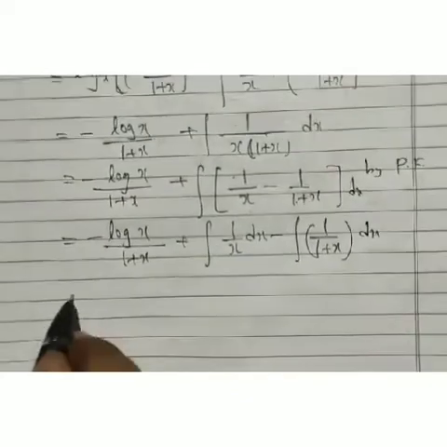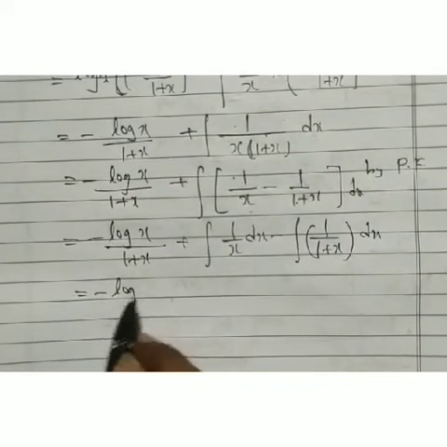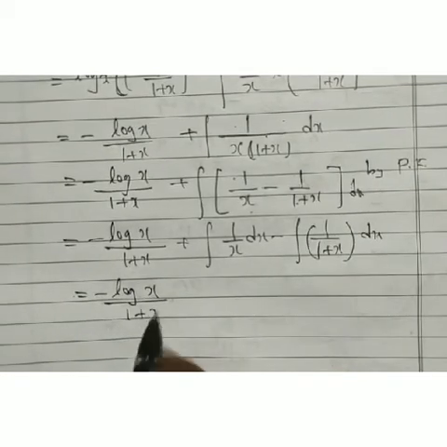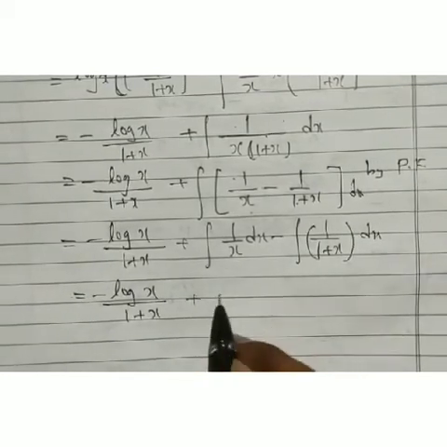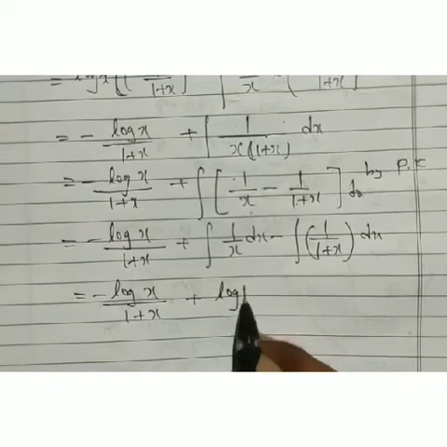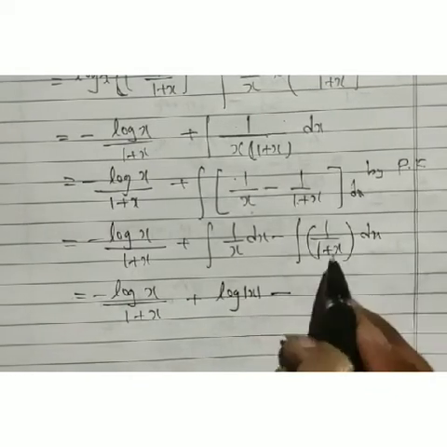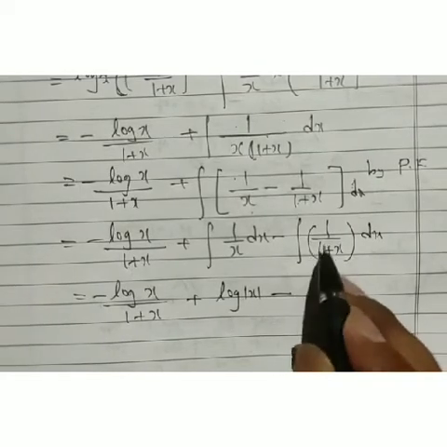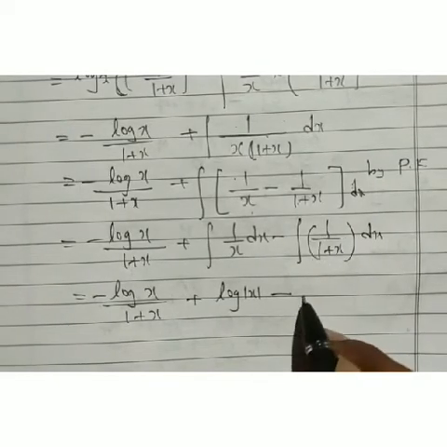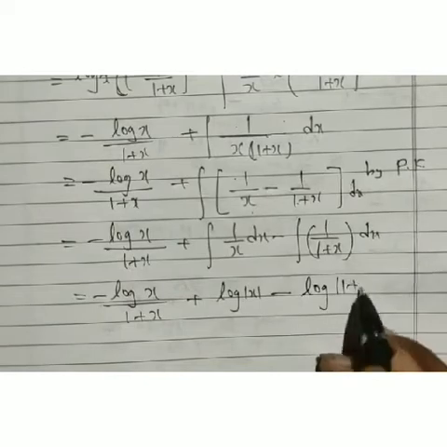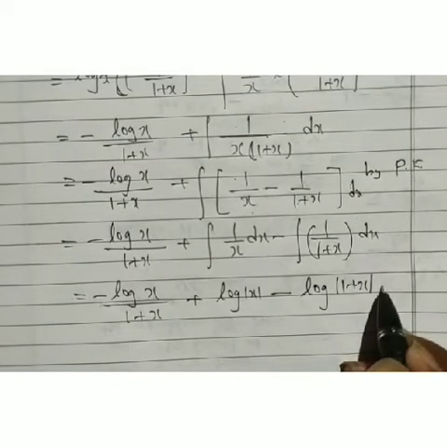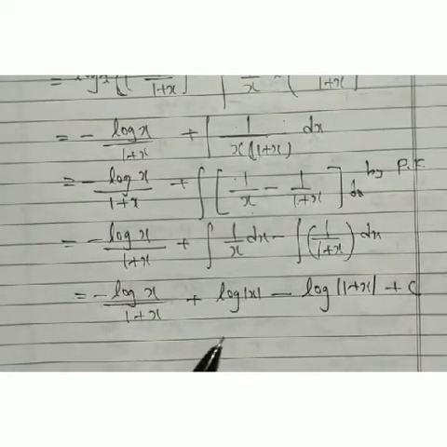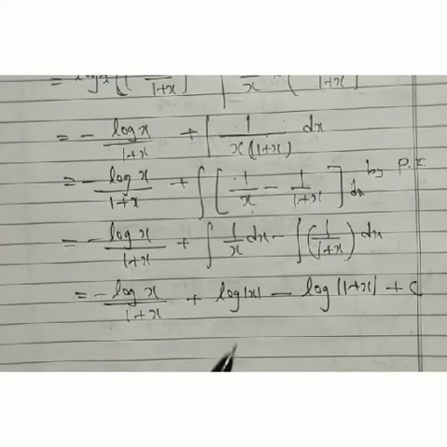Now what we have: minus log x upon 1 plus x, and the integration of 1 by x is log absolute x. And the integration of 1 upon 1 plus x, with t equal to 1 plus x, is again a logarithmic form, of the type dt by t. Then we have log of 1 plus x plus c. This is our required solution.